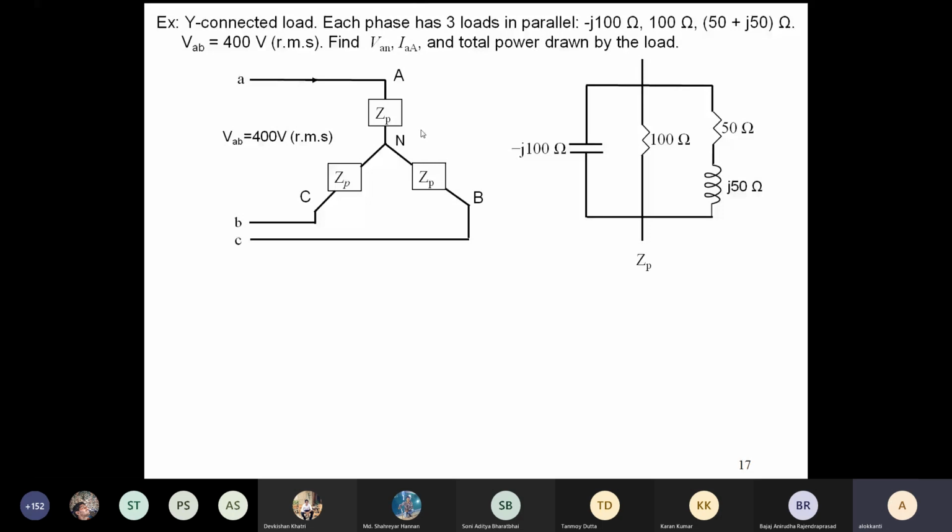So what will you do first? Sir, first we find ZP. Find out the Z equivalent. ZP is equal to 50. Pure resistance. Sir, 4.62 is the phase current.